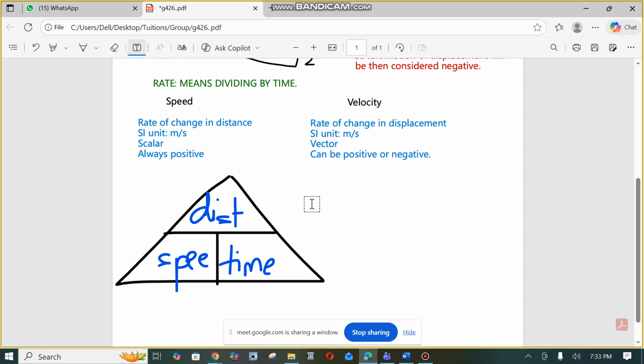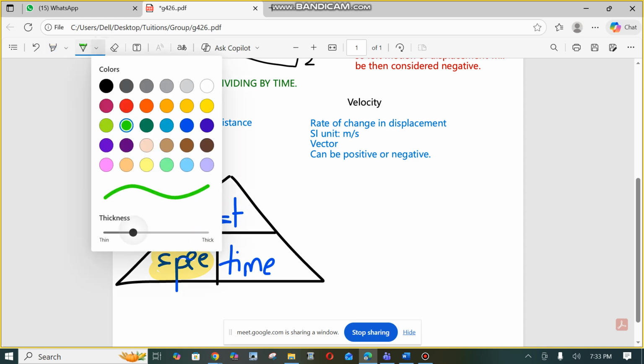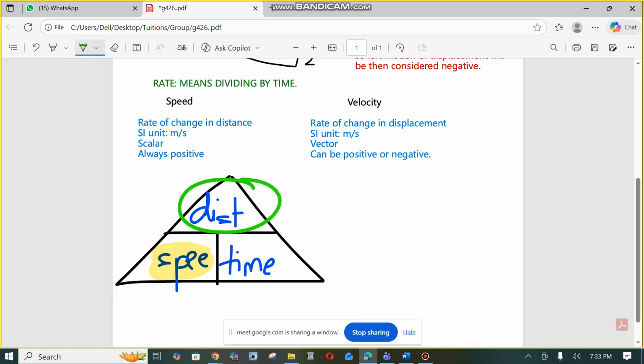So whatever is on the top, if I want to find the speed, this is important now, it's going to be distance divided by the time, because this is on the top and this is on the bottom. But if I want to find the distance from the same triangle, because now the speed and time are not above one another, they will be multiplied.